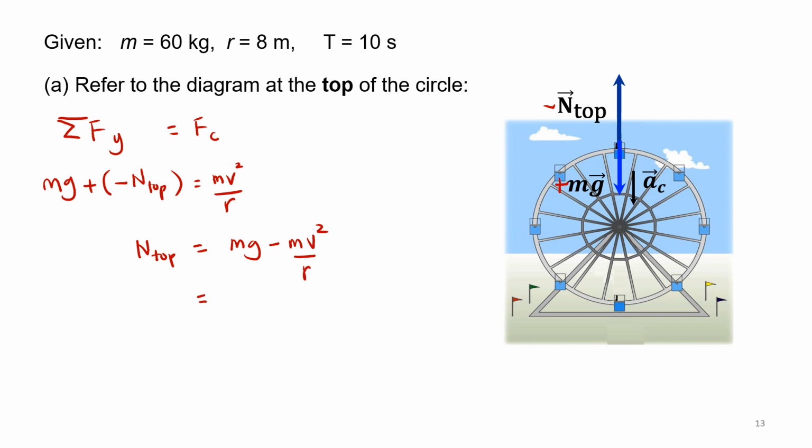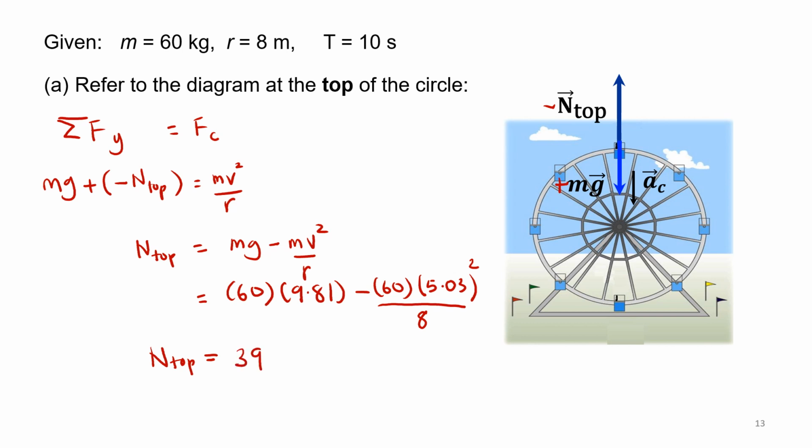So the mass of the rider is 60 times g 9.81 minus 60 times the speed, which is 5.03 squared divided by the radius 8 meters. And we get the answer is 398.8 Newton.